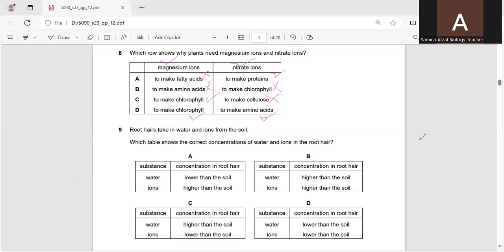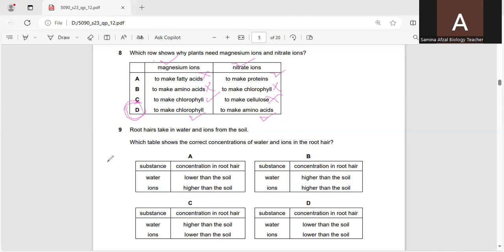Only D is the correct option in which both of the statements are according to the given ions. Magnesium ions are always used to make chlorophyll, and nitrate ions are always used to make the proteins. So according to this information, the D option is the correct option.